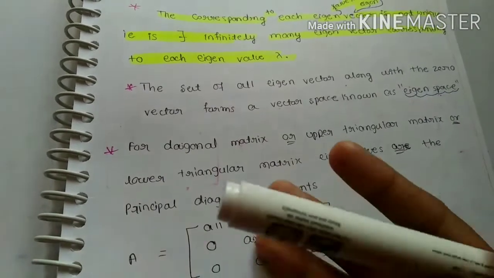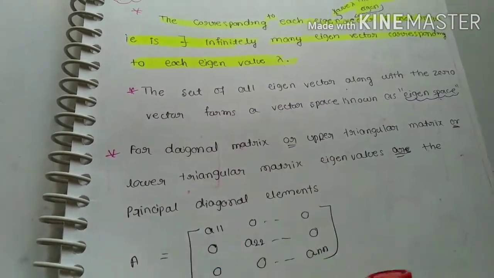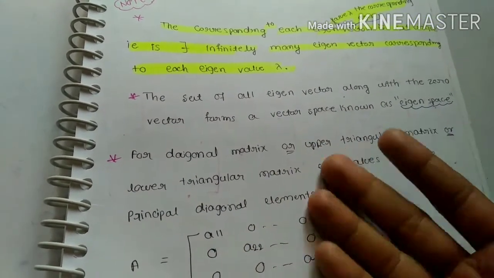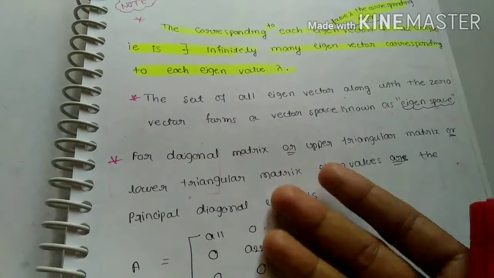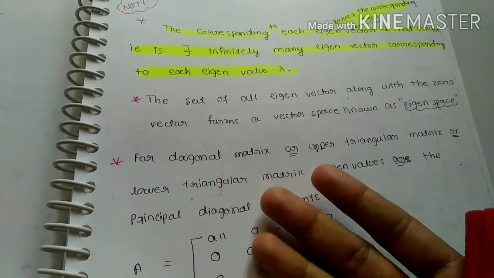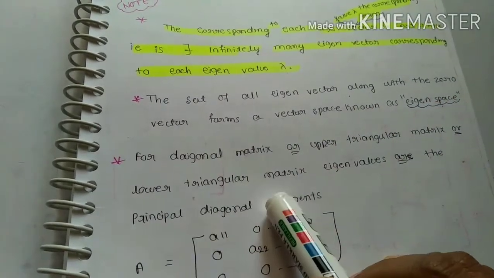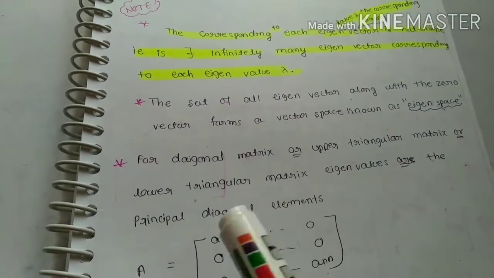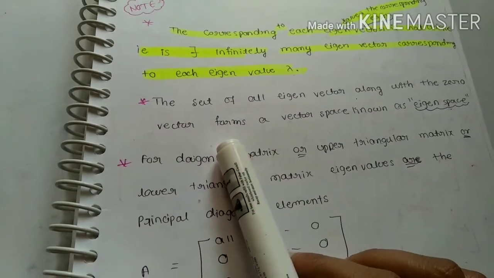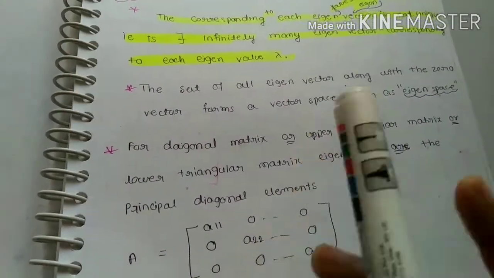Because if in your question they give you a diagonal, upper triangular or lower triangular matrix, then without solving the question, you can just look at the principal diagonal elements, and those give you the eigenvalues. Okay, so this is also a most important point.